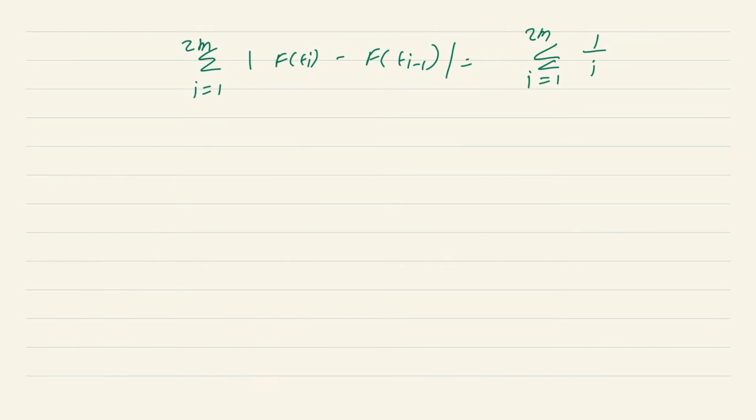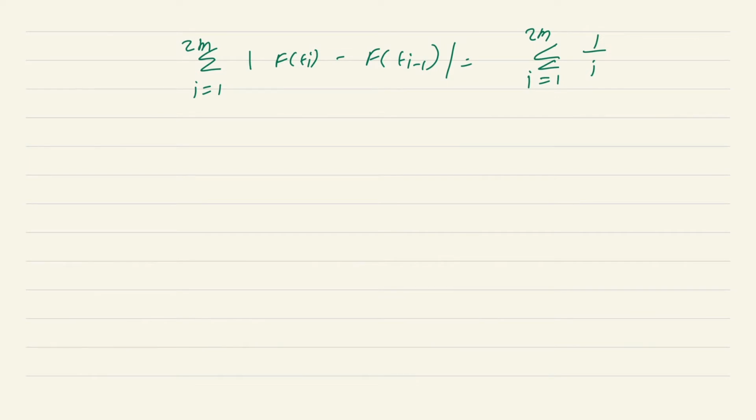Observe that we have the summation i equals 1 to 2m of mod f of ti minus f of ti minus 1. This is nothing but the summation i equals 1 to 2m of 1 by i. As you can check just by substituting the function here, which in this situation is nothing but x cos pi by 2x, you will see that this is true.